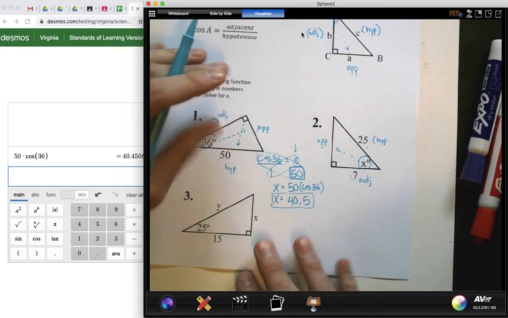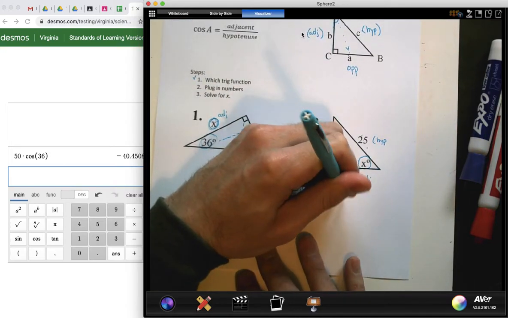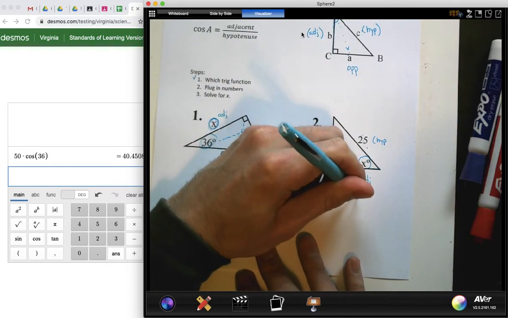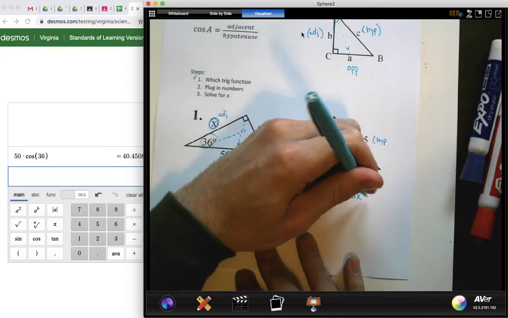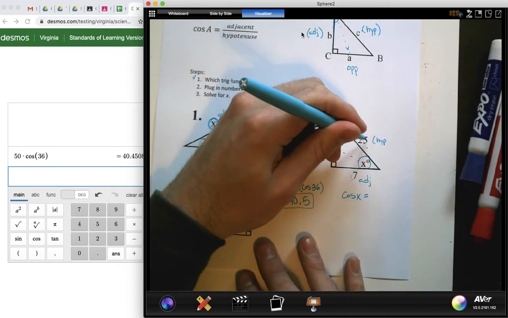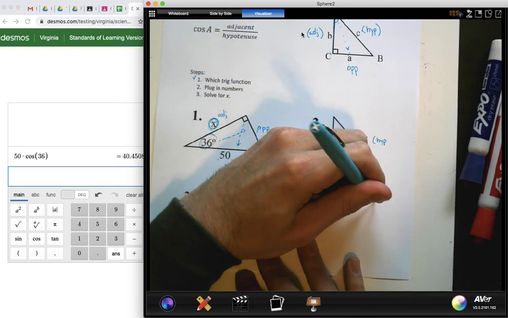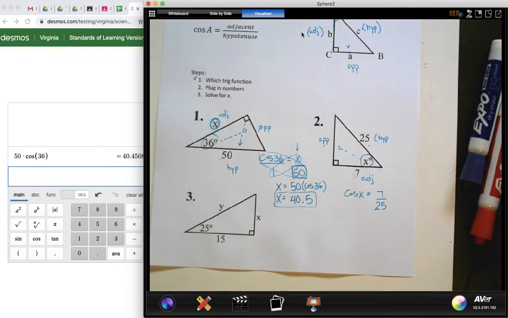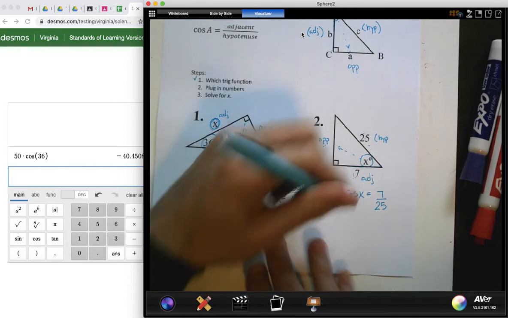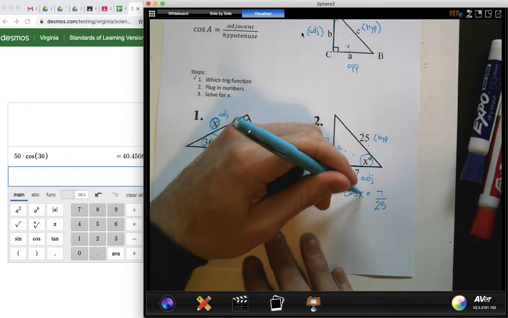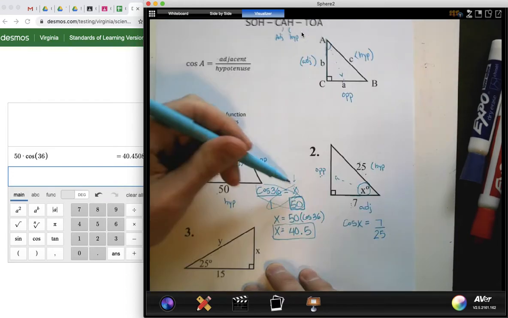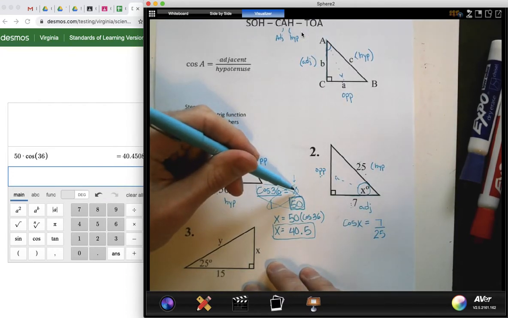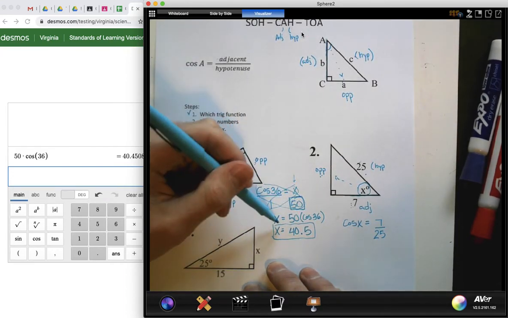So let's use cosine. So I'm going to say cosine of x is equal to adjacent over hypotenuse, which is 7 over 25. Okay, so how do we do this? We've got x as our angle. In the last problem, x was a side, and that works if you cross multiply and solve for x.